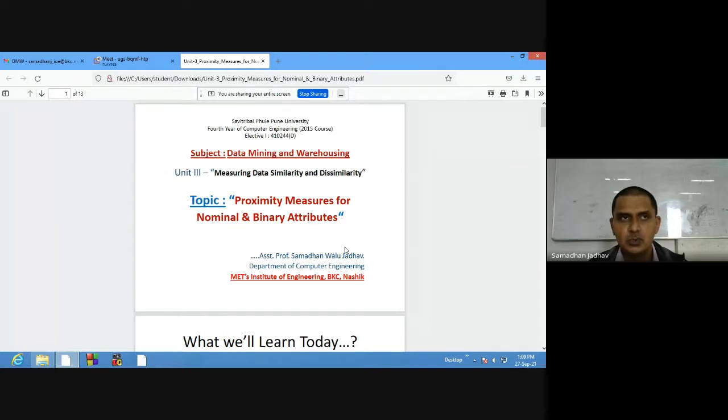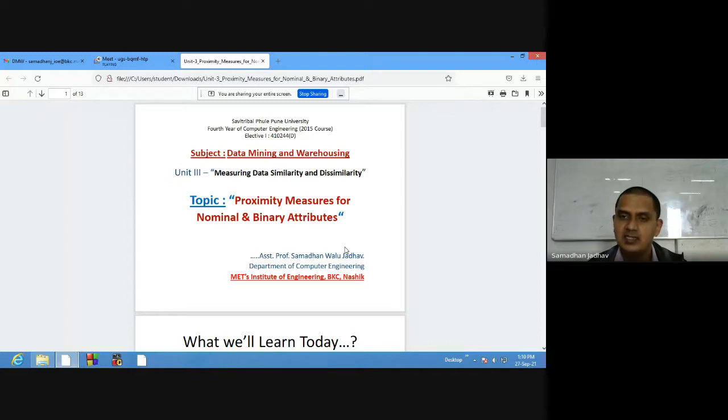If we are representing them between 0 and 1, and these are values of similarity, then 0 means 0% similarity, and 1 means exact similarity, so 100% similarity. If these are values of dissimilarity, then 0 indicates 0% dissimilarity, while 1 indicates 100% dissimilarity.